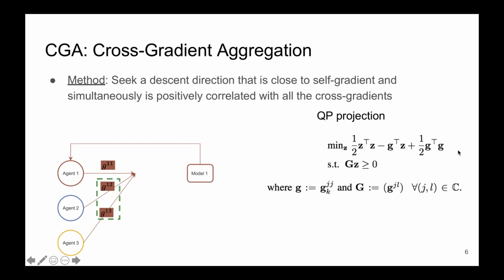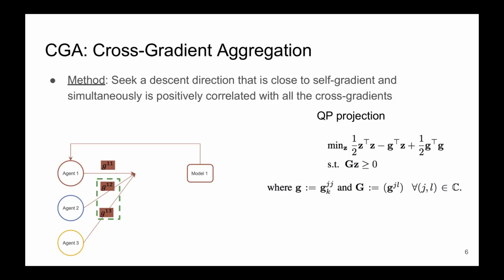The method they use is quadratic programming projection, just like this one here. They try to solve this problem and get a new gradient, which is close to the self gradient and positively correlated with all cross gradients.